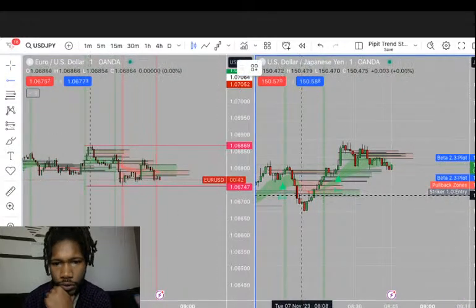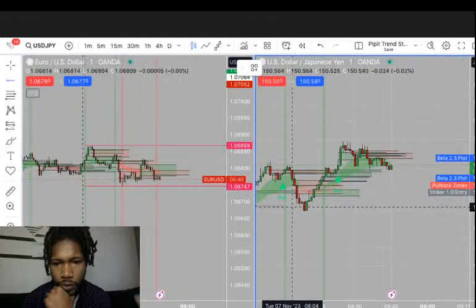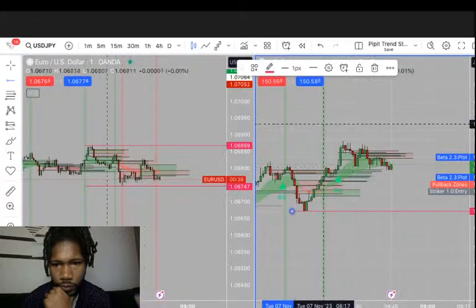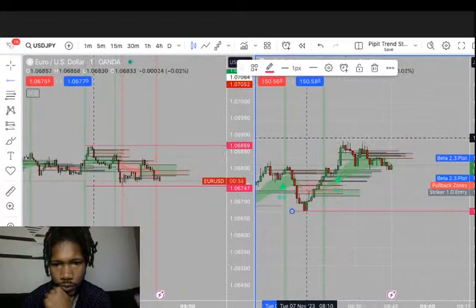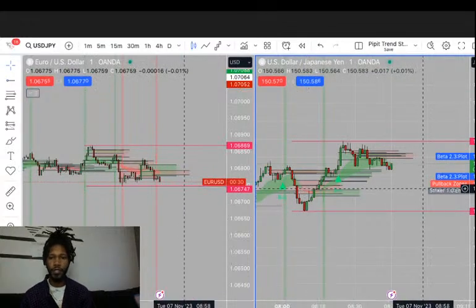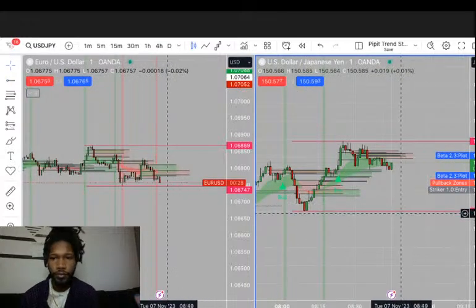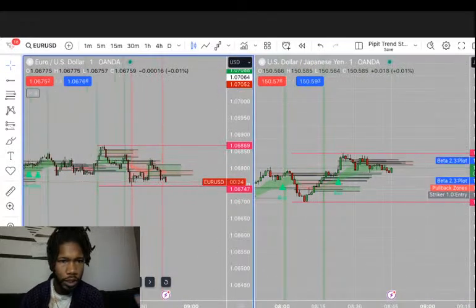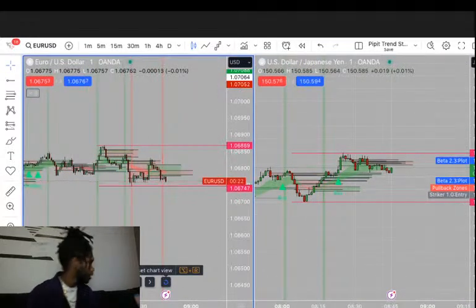Let's mark up UJ real quick. That low, this high. We need price to break above this high or below that low. Looks like EU could possibly be setting up for something.